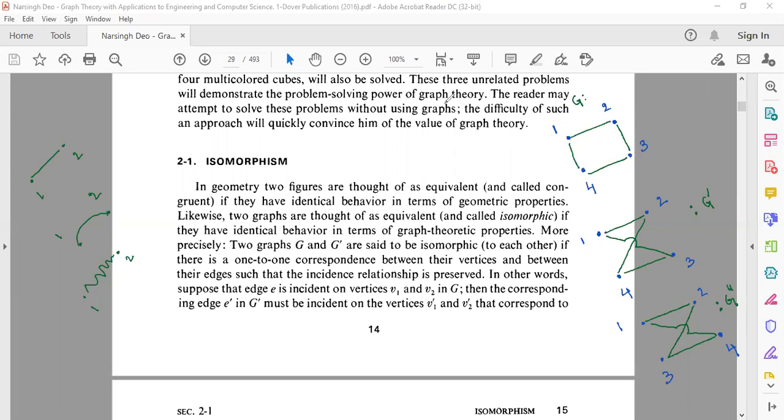Now carefully observe. If we observe this figure, G double prime, what do we actually find? Carefully observe and try to visualize it in a three-dimensional direction. I'm going to make some distortion on the given structure. I hope you are able to see my cursor. I am considering vertex 3.